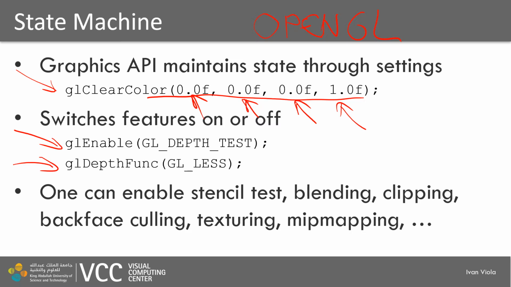And there are many other state machine settings, such as stencil test, blending type, clipping, whether we want to perform backface culling or not, whether texturing is enabled, whether MIP mapping is enabled, and so on and so on. Many states can be defined in OpenGL, and we will not cover all of those during just one lecture.